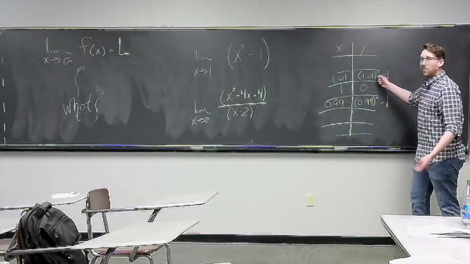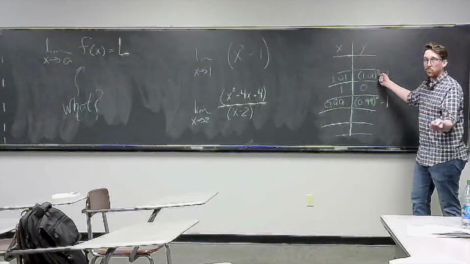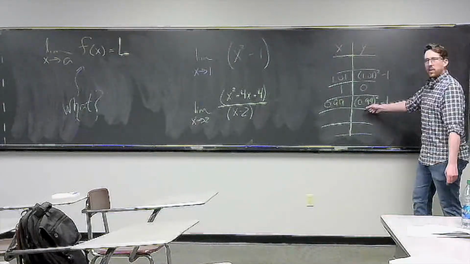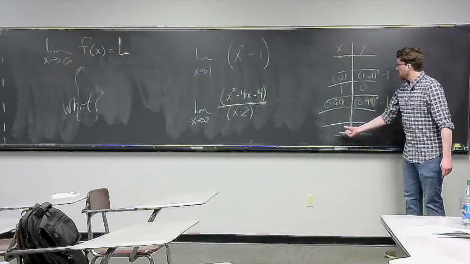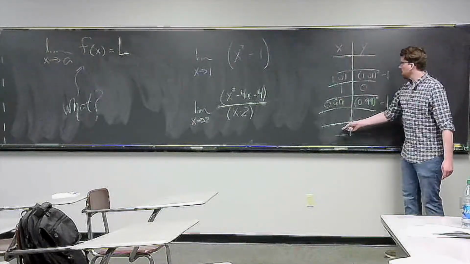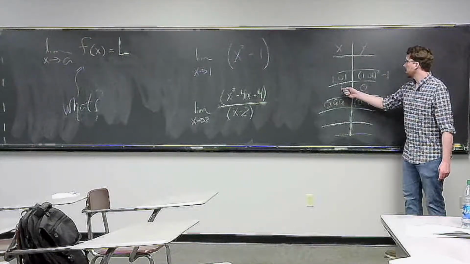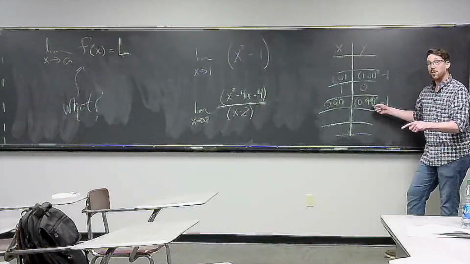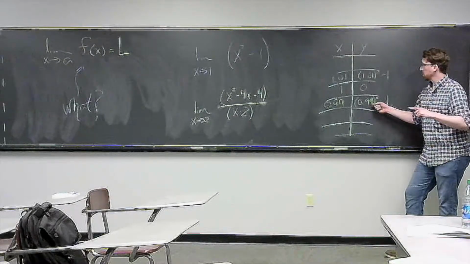So subtracting 1 from something close to 1 is still going to be close to 0, right? Same thing down here. And we're going to find that it doesn't matter what these values are above and below, as they get closer to 1, their answers, when you put them through the function, are going to get closer and closer to 1.